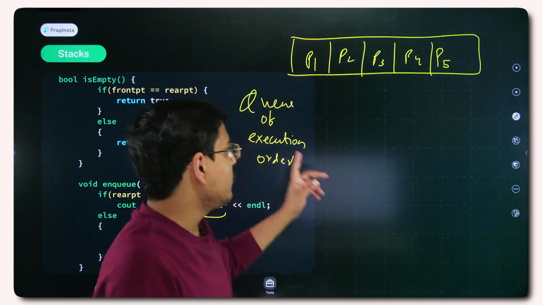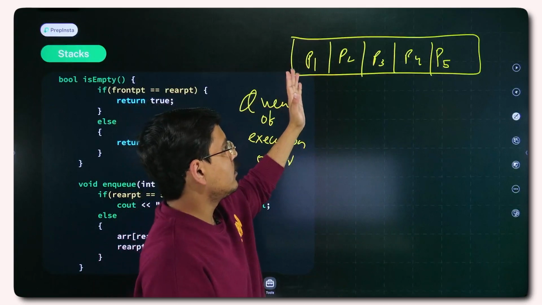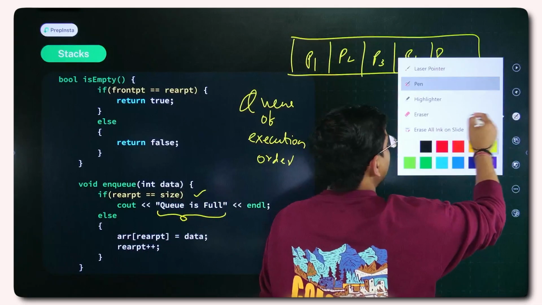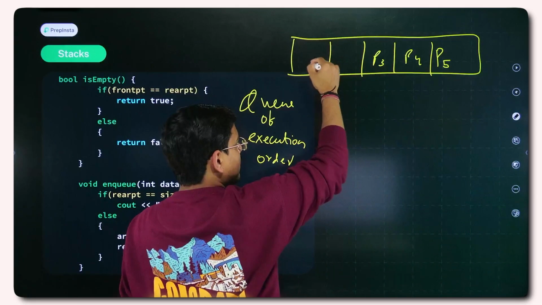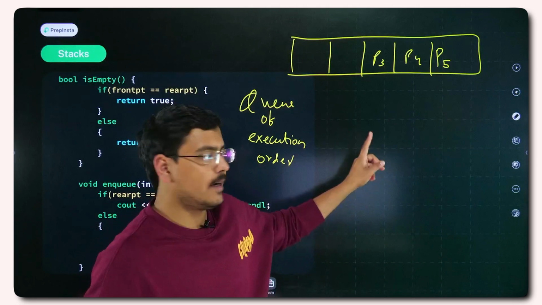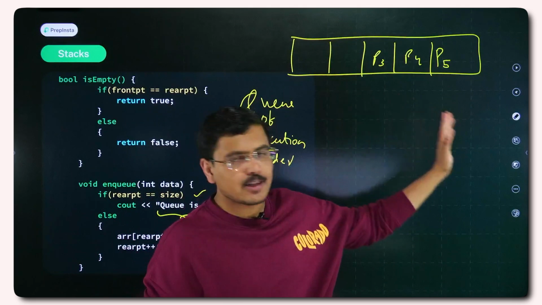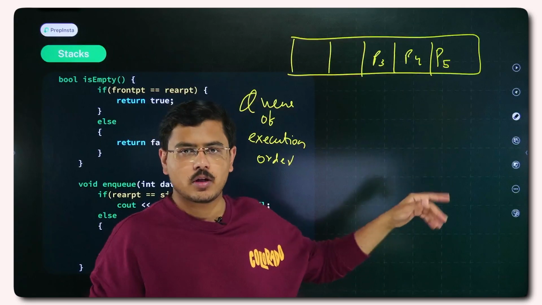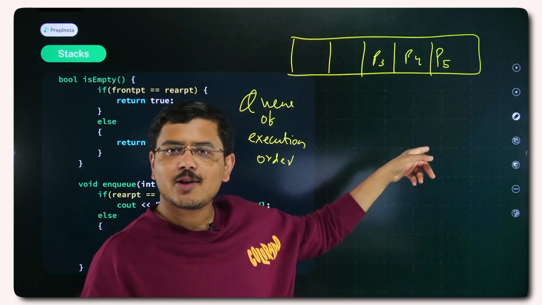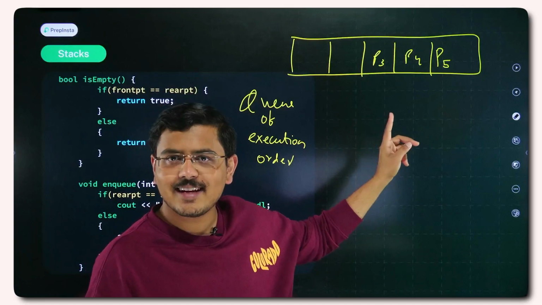Now, if you're trying with these 5 processes and these 2 processes are completed, they'll simply get dequeued, isn't it? But your operating system wants that no new process should enter until the whole batch of 5 is fully executed. So, in this case, queue will show that queue is full, hence nobody can get enqueued.